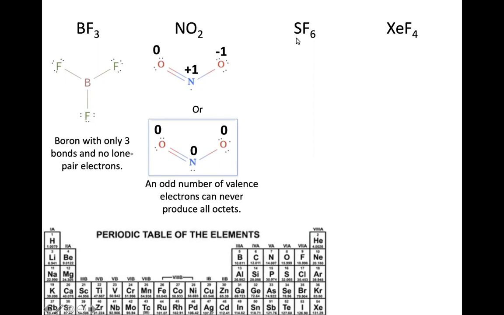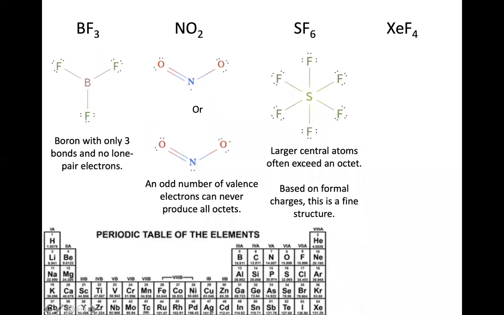Now, this one right here, SF6, is going to be a pretty important example for us. This would be my Lewis structure for that. I'm making octets for all of the fluorine atoms because that's an atom that I'm going to make octets for. But notice when I do that, the sulfur is now going beyond an octet. But based on its formal charge, it's fine.